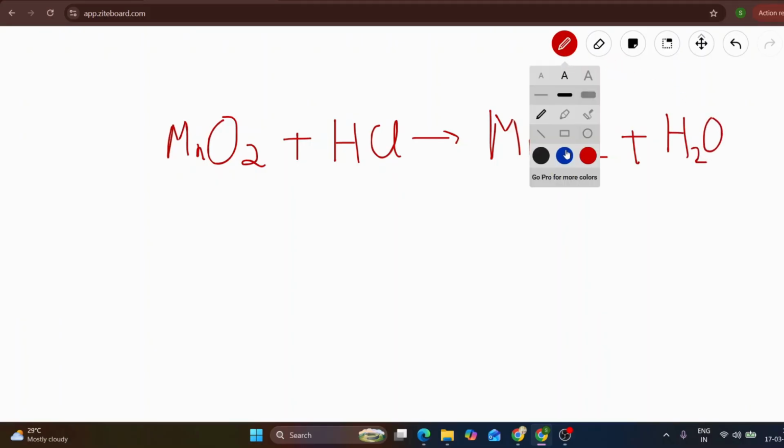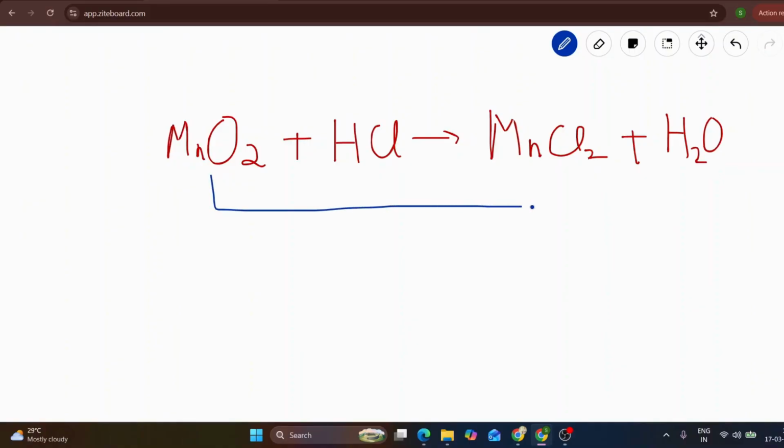Now, let's see what has happened. MnO2 has changed to MnCl2, meaning oxygen is removed. Removal of oxygen means reduction.